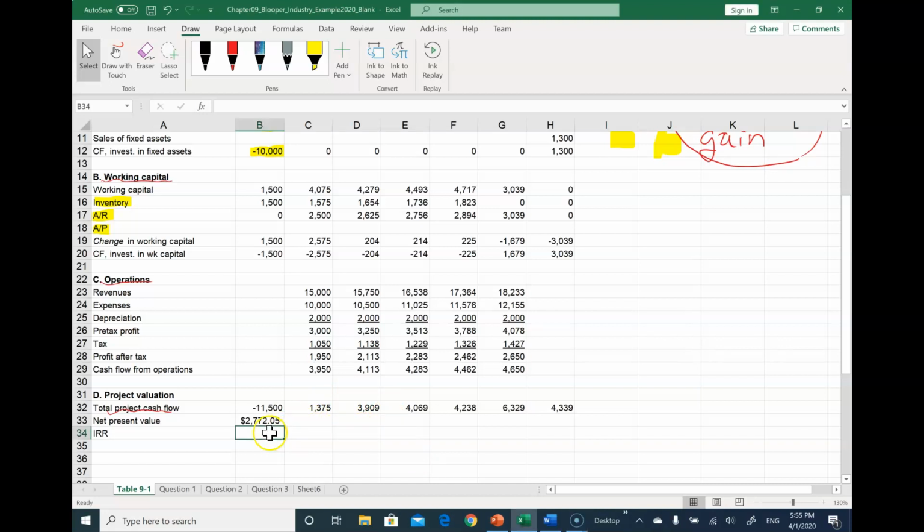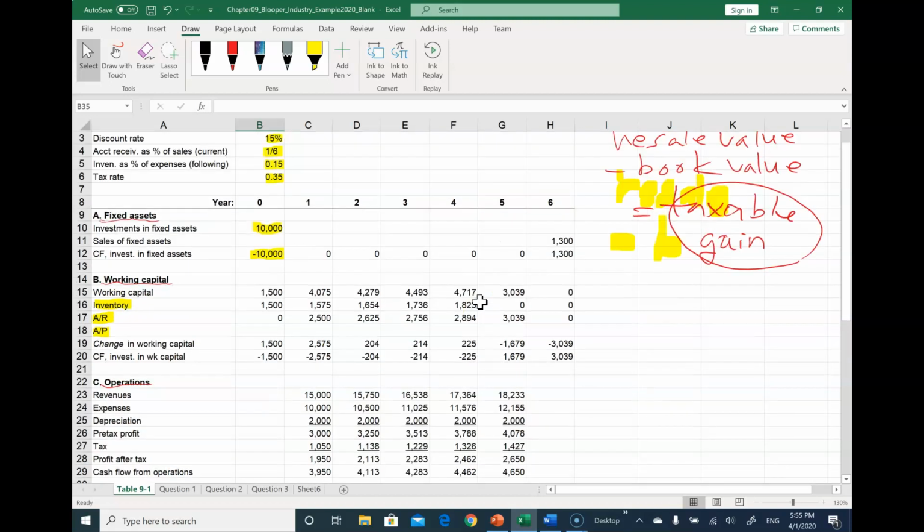We can also calculate the internal rate of return of this project. We have to include all the cash inflows and outflows. And you can see that the internal rate of return is 22.2%, which is obviously greater than the discount rate, which was 15%, right?